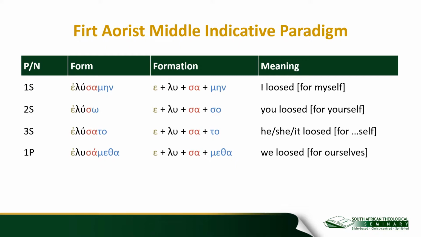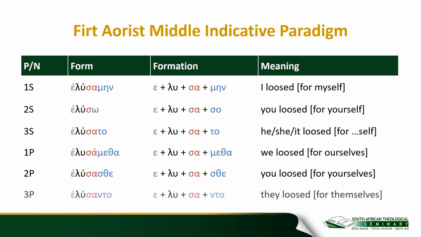Elisametha, we loosed for ourselves. The two plural, elisasthe: augment epsilon, tense stem li, tense formative sa, personal ending sthe. You loosed for yourselves. And finally, the three plural, elisanto, from the augment epsilon, tense stem li, tense formative sa, personal ending nto. Elisanto, they loosed for themselves.